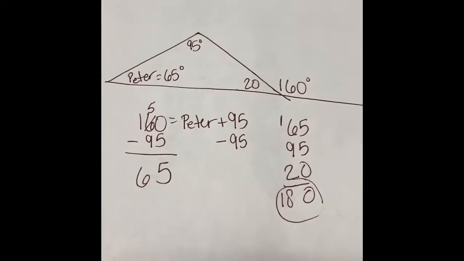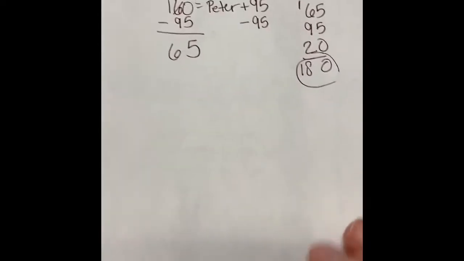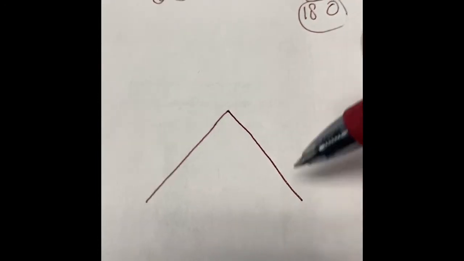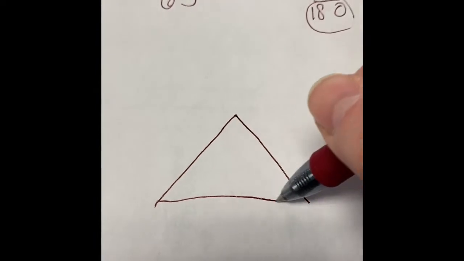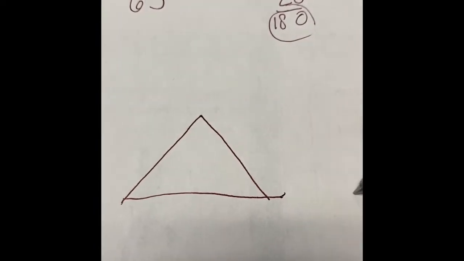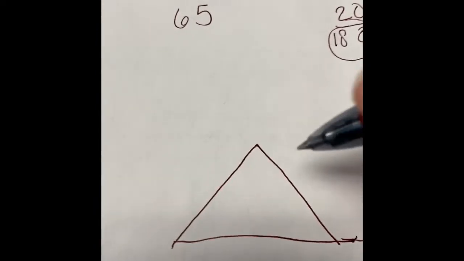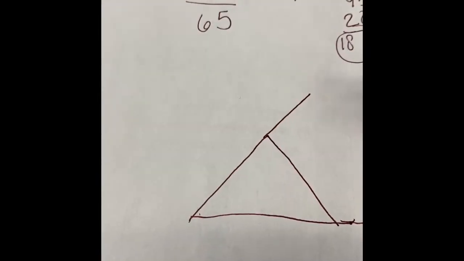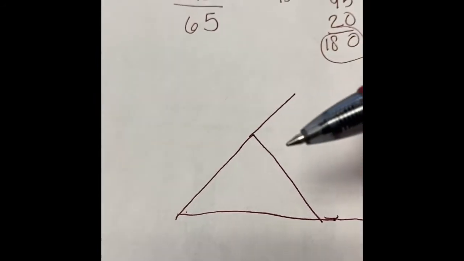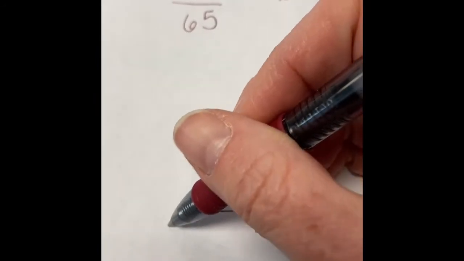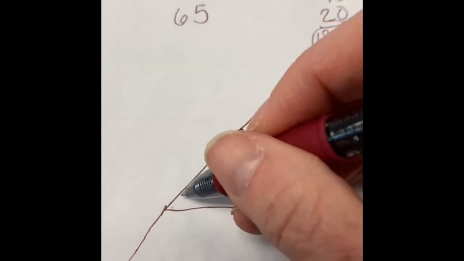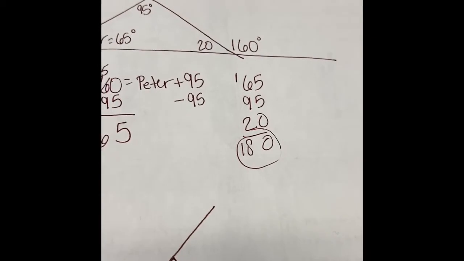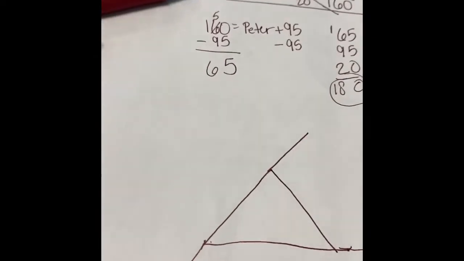So I'm going to talk to you about some vocabulary that's important to know here, okay? We've got these angles, and I'm going to extend these out, just like that. These angles right here, I'm going to make them a different color. You're going to have two different colors here.